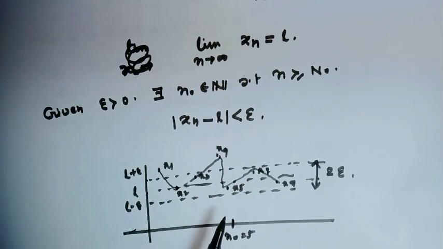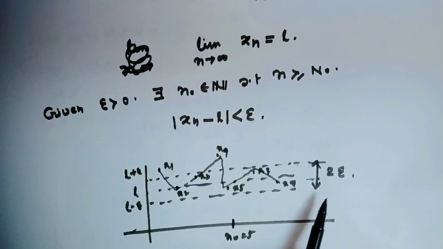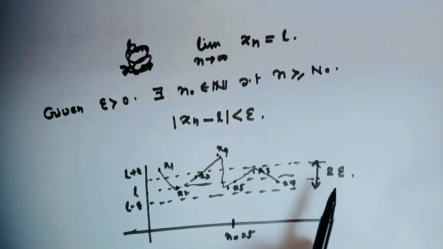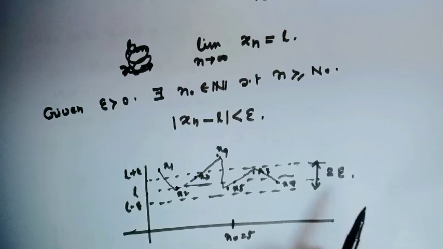Let's see, after n naught equal to 5, all terms of the sequence lie in these two epsilon bands. So, if the sequence is convergent, it is also bounded. Okay.